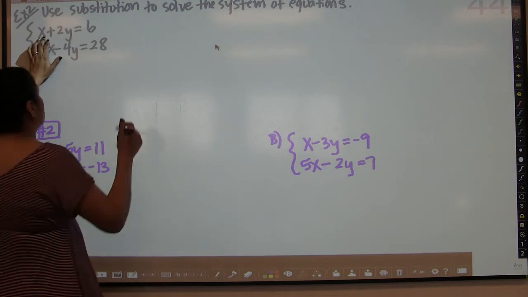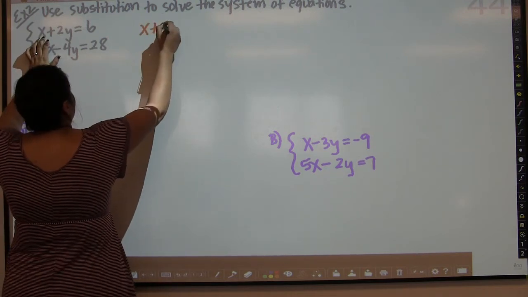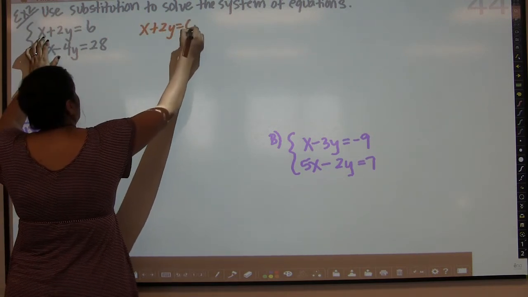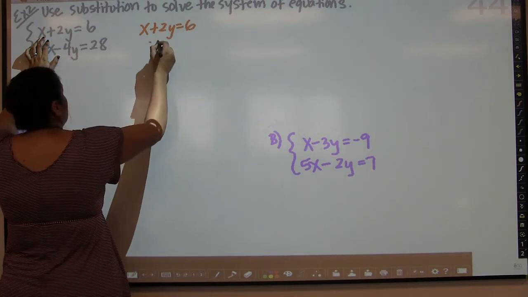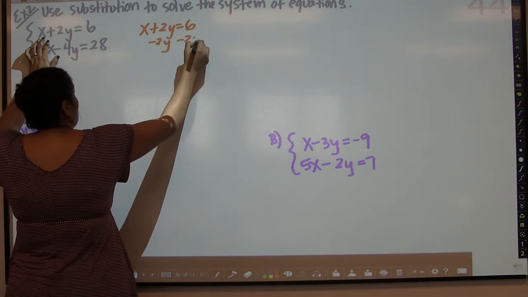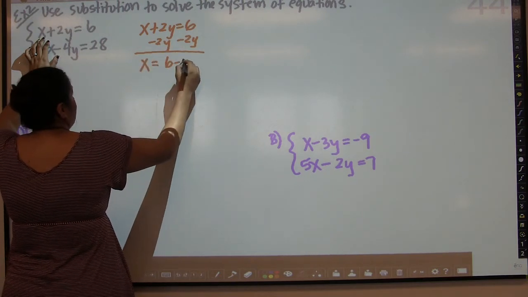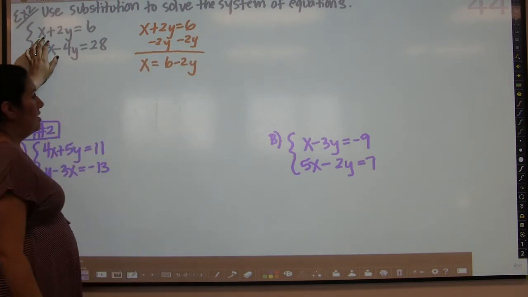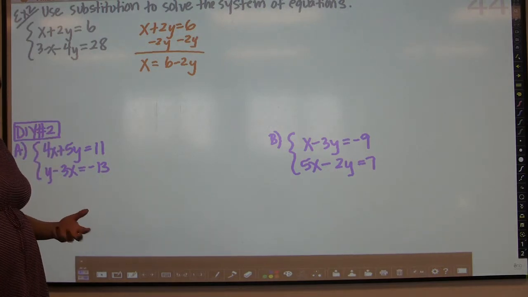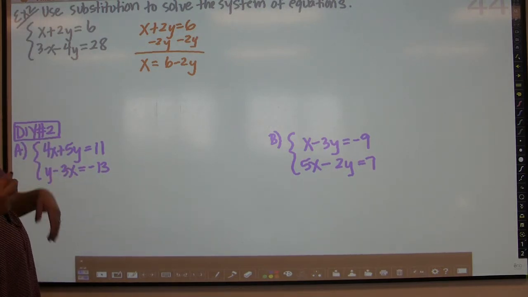So I'm going to take this equation and solve it for x because that's the easiest thing to do. Subtract 2y. It's not the only thing you can do, but it is the easiest. So x equals 6 minus 2y. Now I have one of the equations isolated for a variable, and I can continue to do the problem just like I did in the previous example.